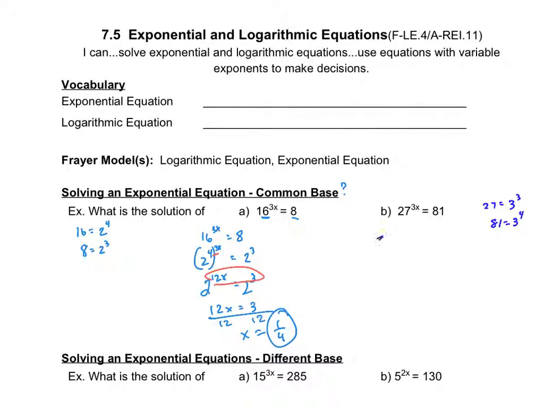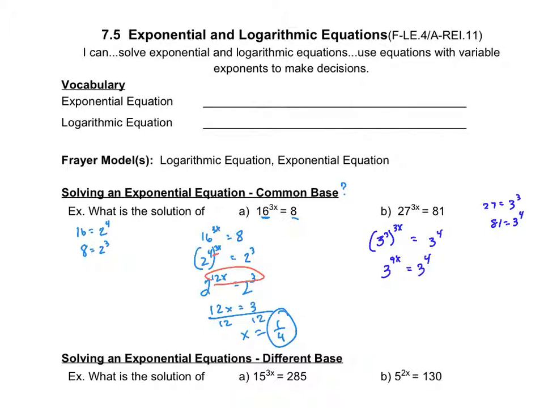This is going to be 3 to the 3rd, raised to 3x, and this is going to be 3 to the 4th. Simplify, and we get 3 to the 9x equals 3 to the 4th.